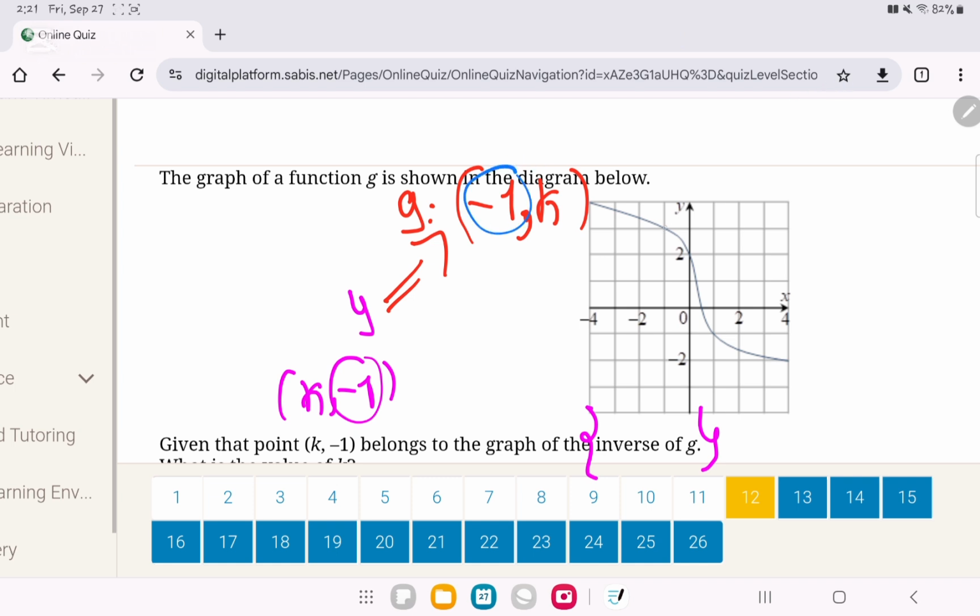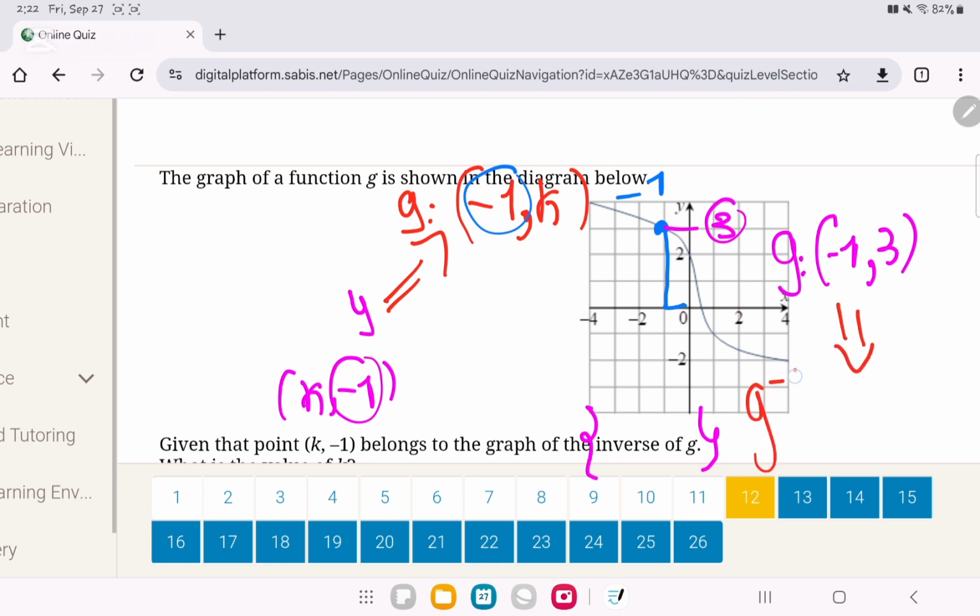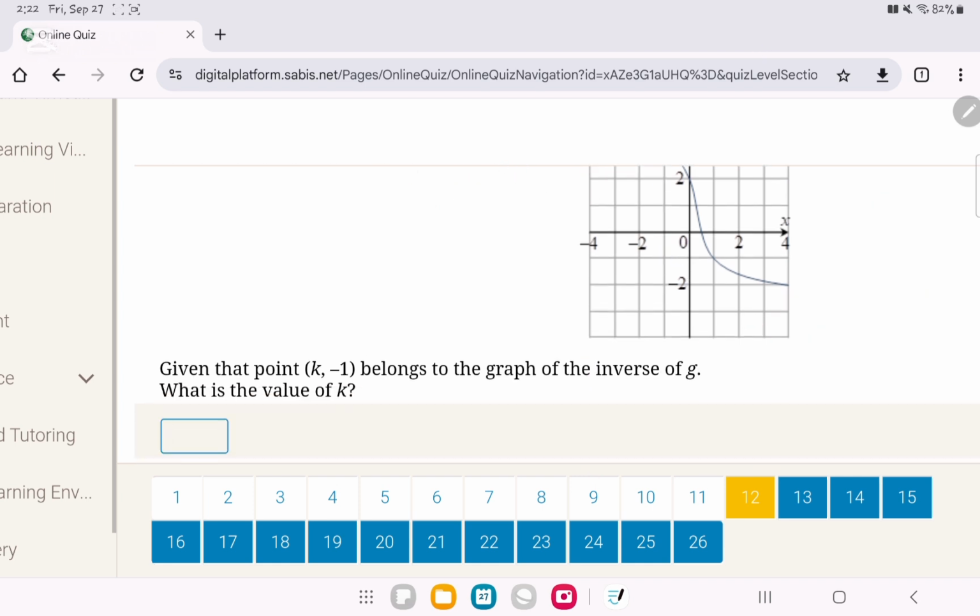If you look here, this is minus 1. So this point over here has minus 1 as an x. So what is the y of this point? It is then 3. So g has (minus 1, 3). That means the inverse, which is the opposite, is going to be, so I'm going to write g inverse, it is going to be (3, minus 1). So very quickly, very simply, we found the value of k, which is 3.